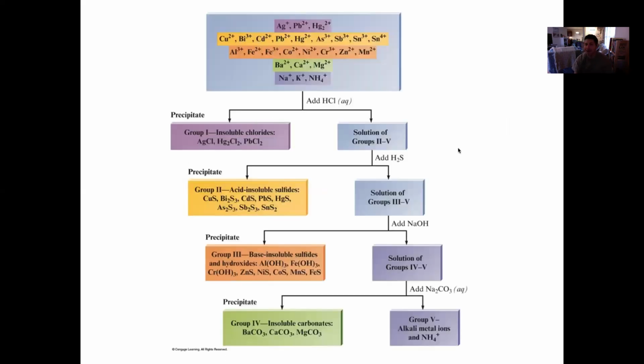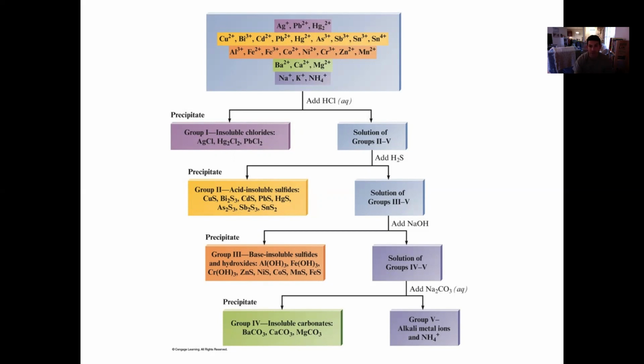All right, so what I wanted to talk about today, I think this is kind of cool. It's one of our last topics for chapter 16. This is something called selective precipitation. So it's a flow chart, and we go in the same order. Add HCl, add H2S, add NaOH, add Na2CO3. So this would be like a common practice that a chemist would use.